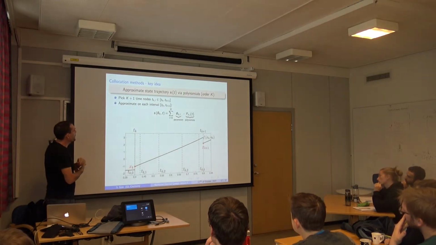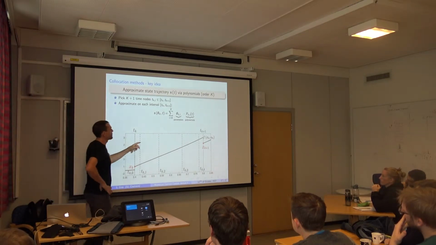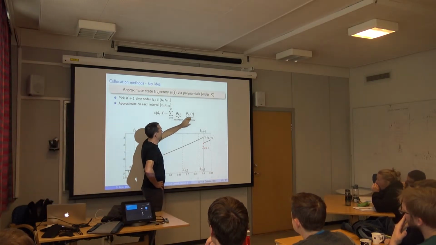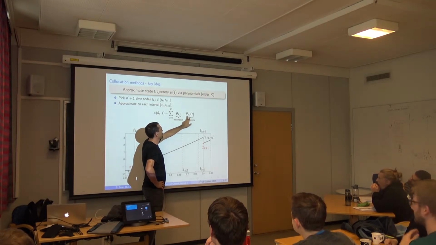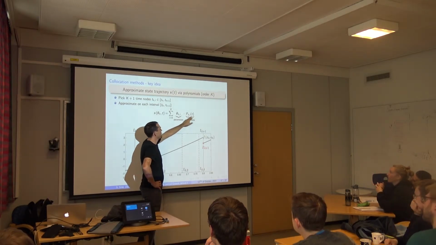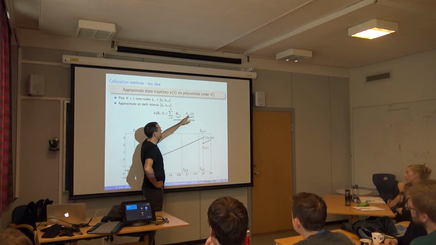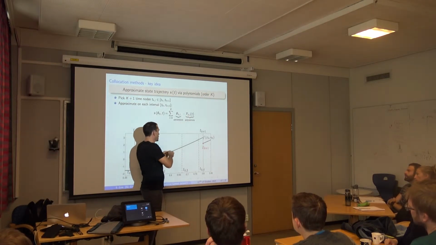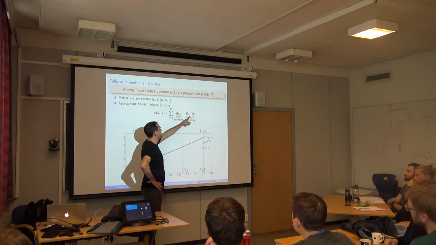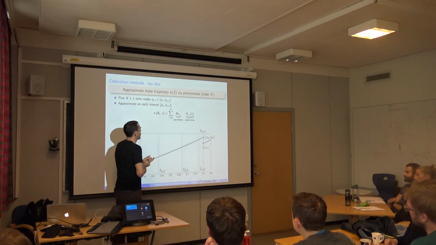And so the way you will build your approximations, you'll basically select a family of polynomials. You can call them p_ki of t. So k is the index of the interval on which you are, and i is the index of the polynomial.